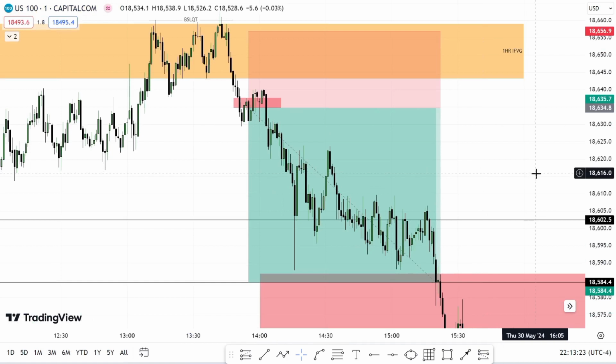So this is just a trade setup, what I expect you should be looking out for. All right, so this is an example using an inversion fair value gap.